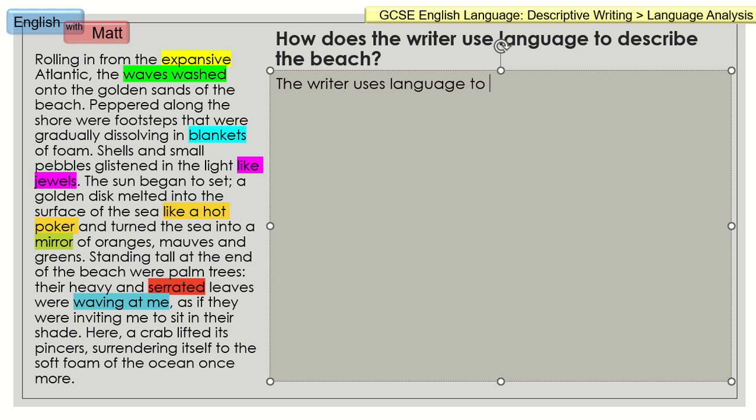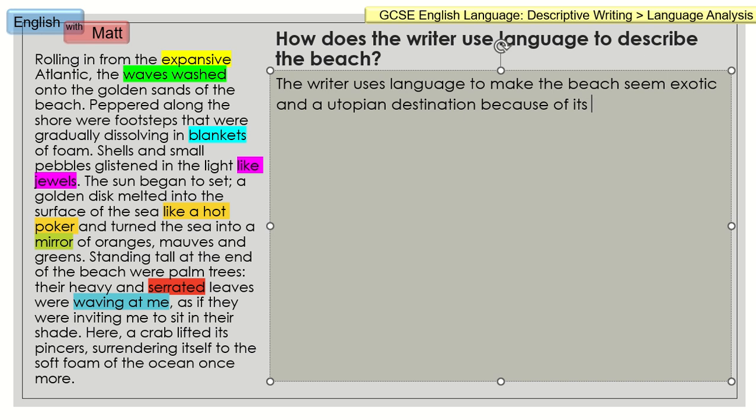The writer uses language to make the beach seem exotic and, I'm going to use a fancy word, utopian, which means kind of perfect. The writer uses language to make the beach seem exotic and a utopian destination because of its pleasing and appealing depiction.